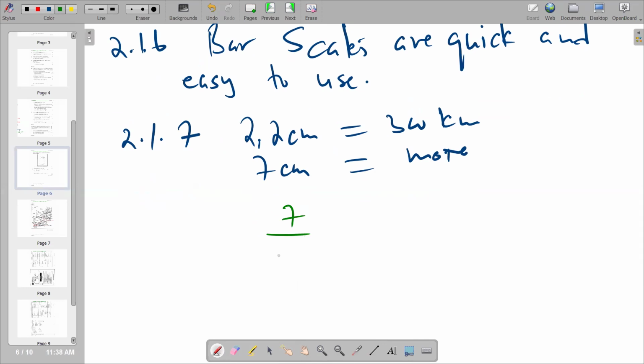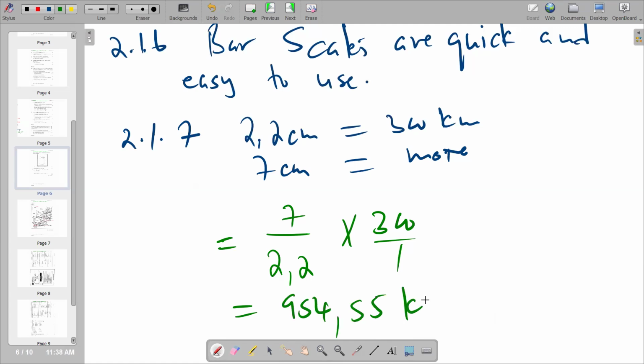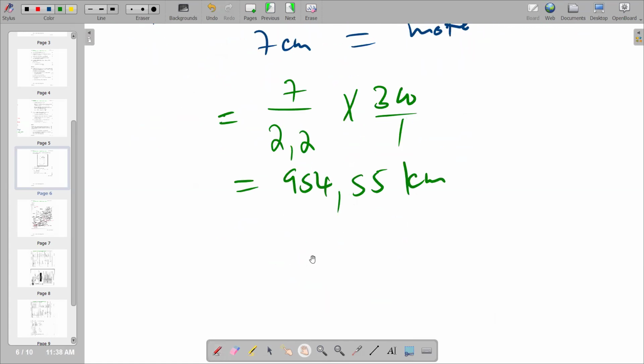What we have is 2.2, becomes the denominator. We multiply by the given figure, which is 300 kilometers. So with that, we see where we arrive. So we calculate like that. We see that the answer that we are going to get there is 954.55 kilometers. So this becomes the conversion that we have.